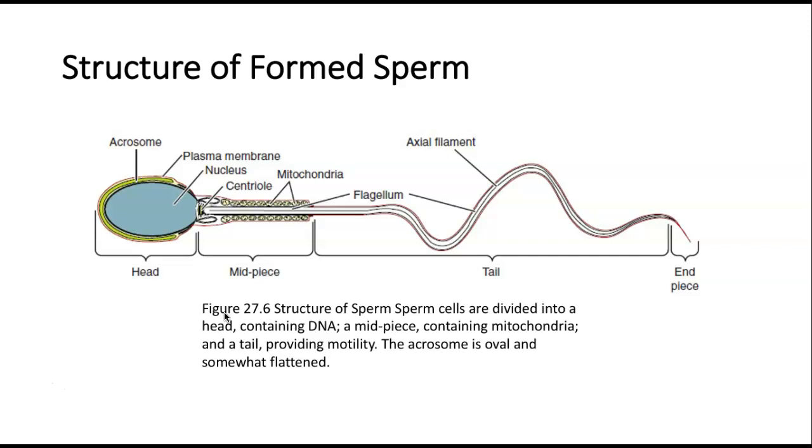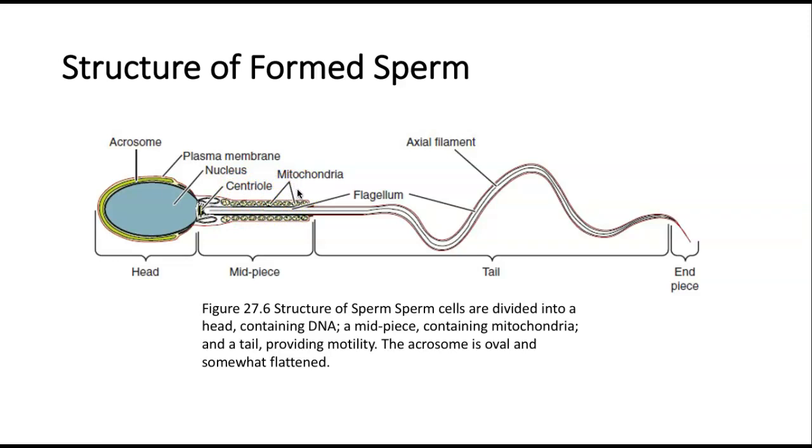They're divided into the head, which contains the DNA, and basically just the DNA. So in here are the 23 chromosomes, just a little bit of cytoplasm and not a whole bunch else. Then there's this midpiece here that has a bunch of mitochondria, and we know what mitochondria do.